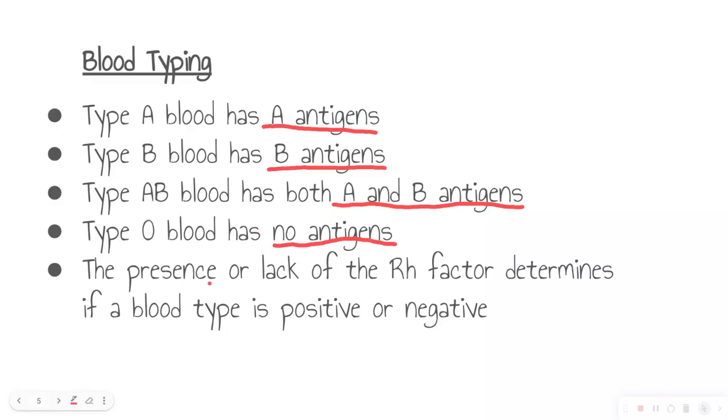And then the presence or the lack of the Rh factor is going to determine if a blood type is positive or negative. If the Rh factor is present, then our blood type is positive. If we lack the Rh factor, there's no Rh factor, then it's negative. Positive, present; no, negative.